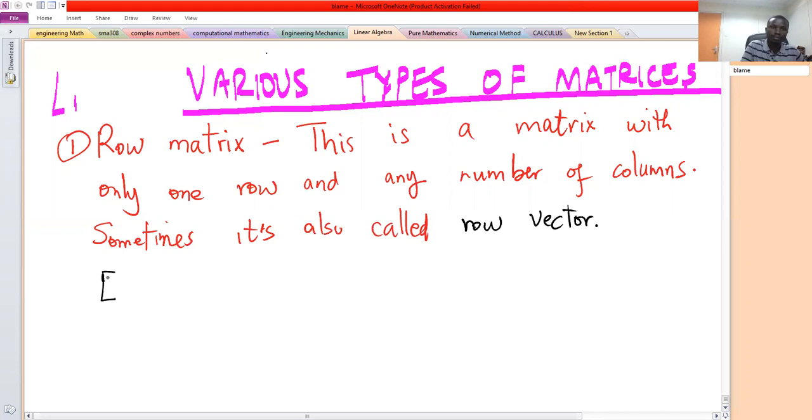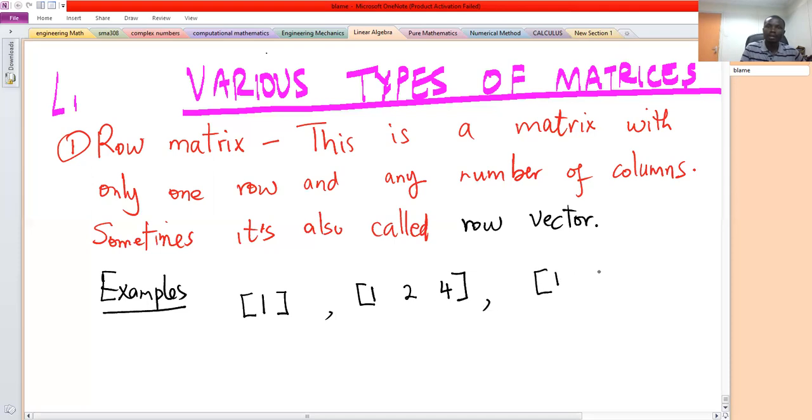So, examples. We can have 1, and then we can have 1, 2, 4. We can have 1, 8, 9, 10.